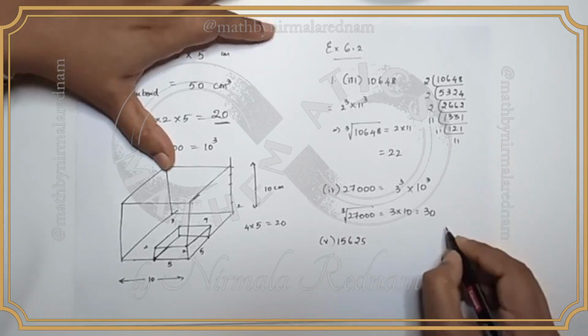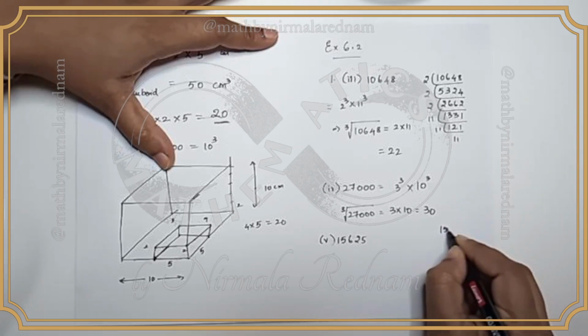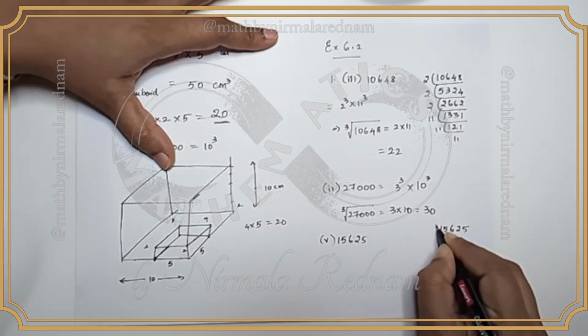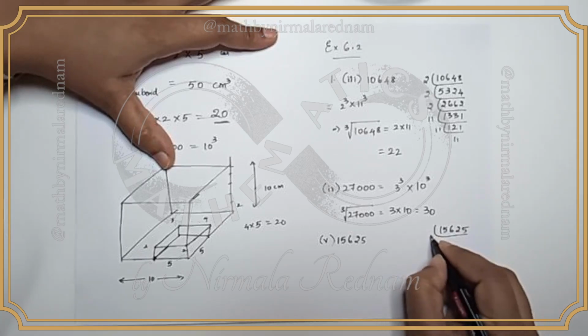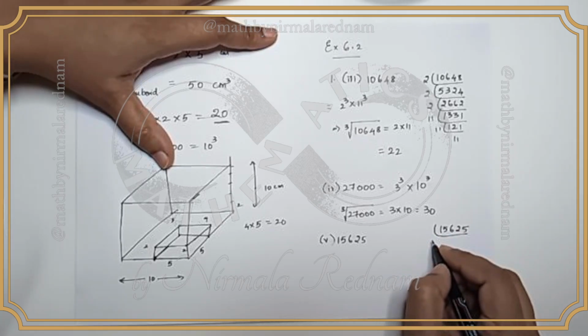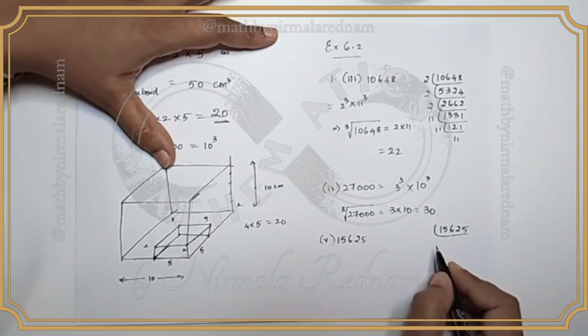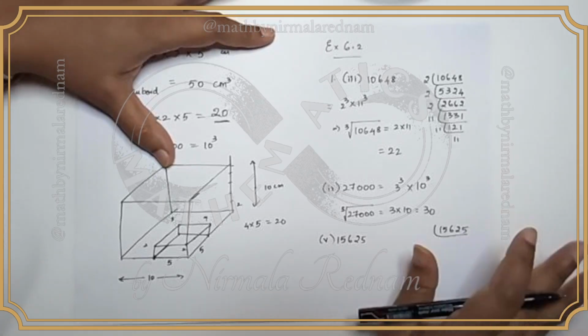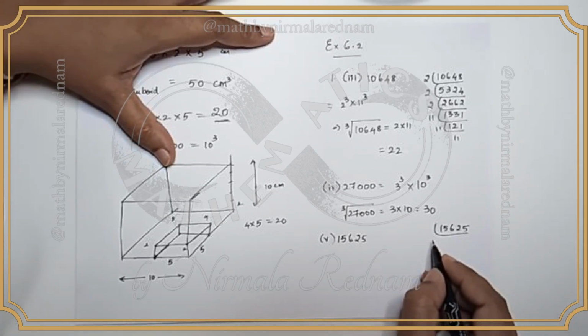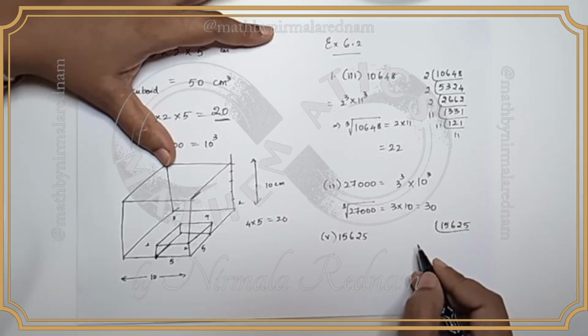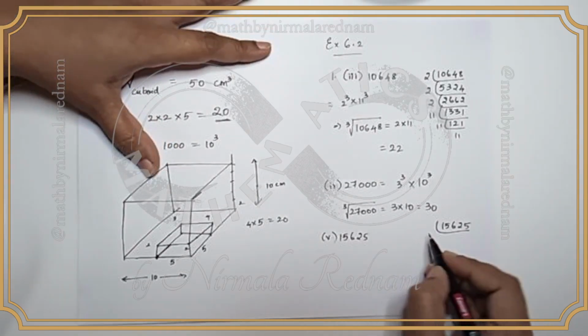15625. Because I have a 5, I will go with 5, and you can actually check 25 as well, because then you can break it down. 25 is not a product of two different numbers, I agree, but you can break it down later in order to save time, is all I'm saying.